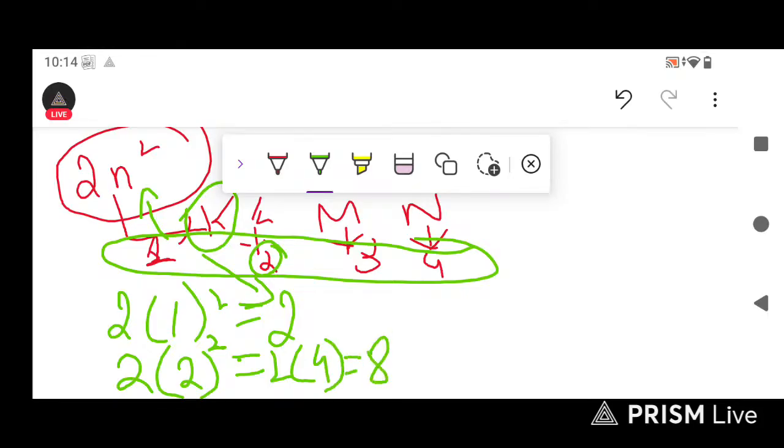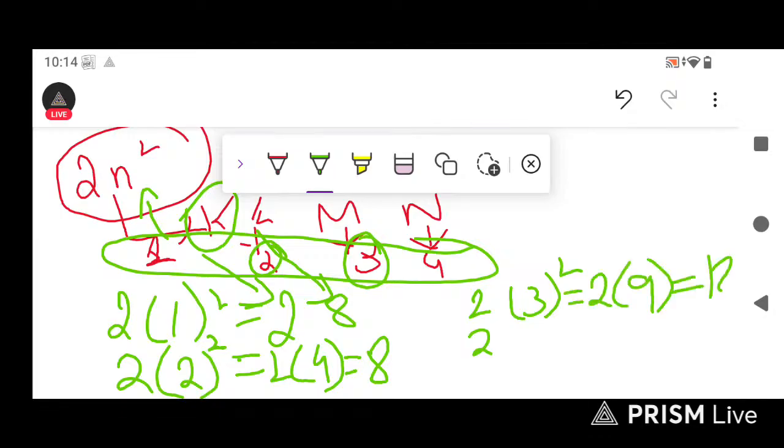Means the total number of electrons in the L shell will be 8. For the M shell, n is 3, so 2 into 3 square, 2 into 9, is equal to 18. So the total number of electrons in the M shell is 18.